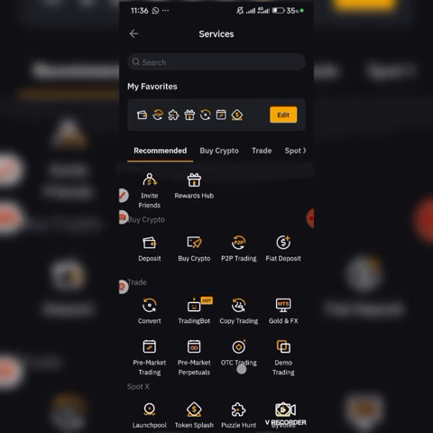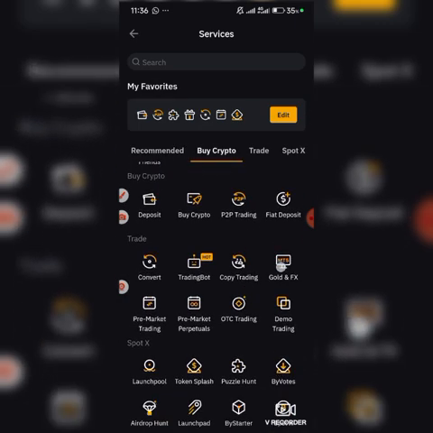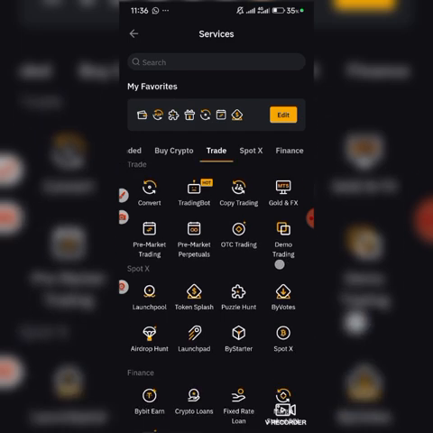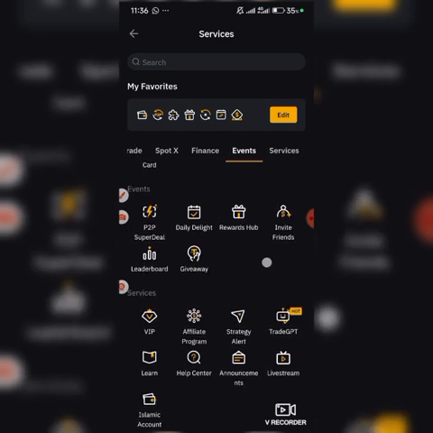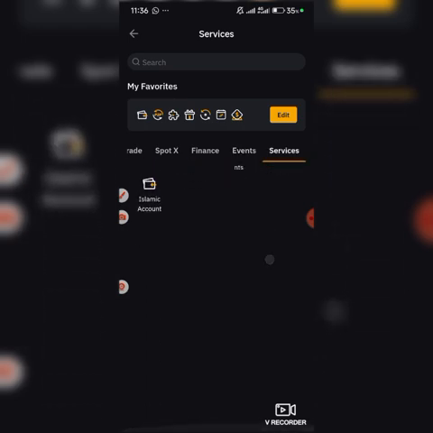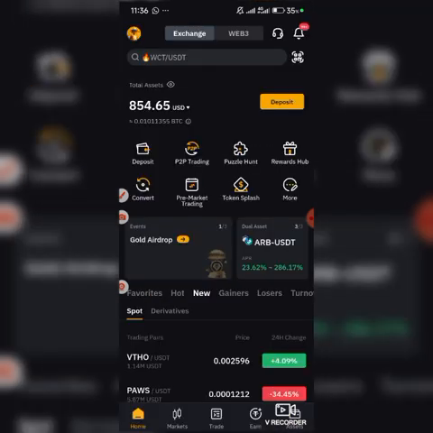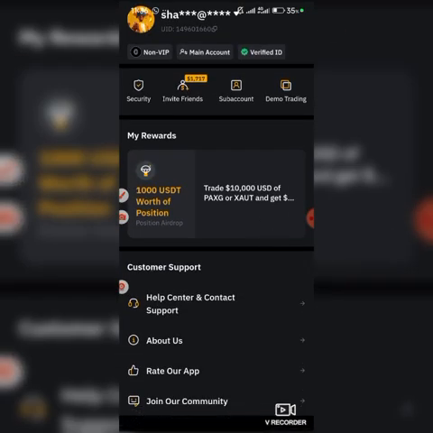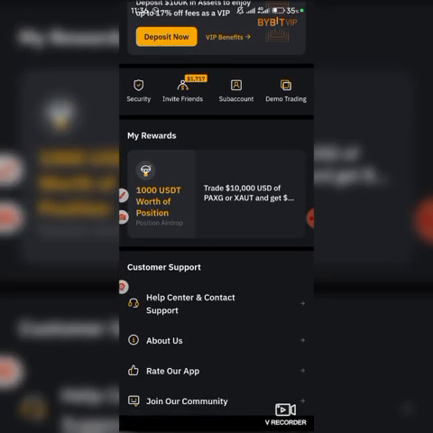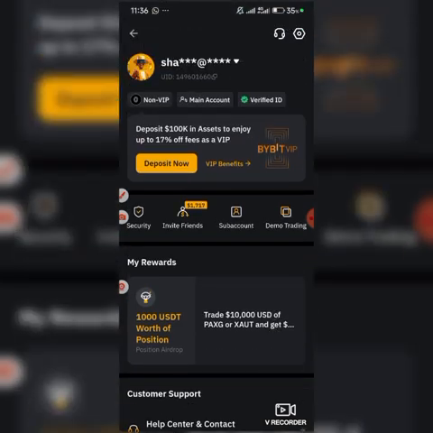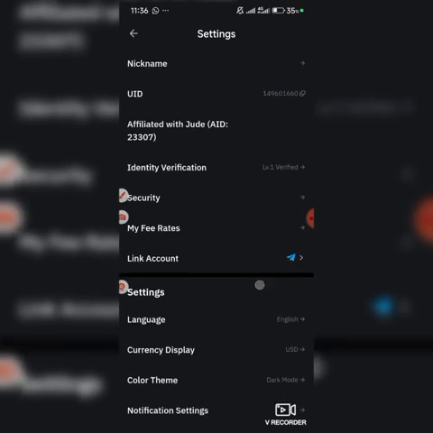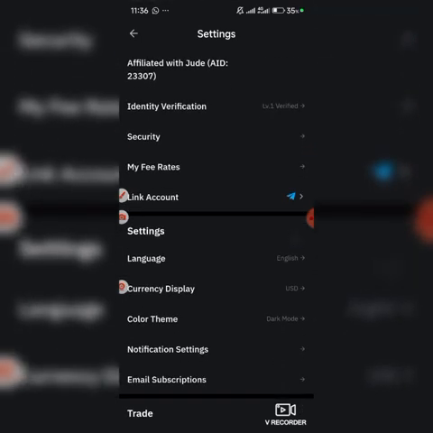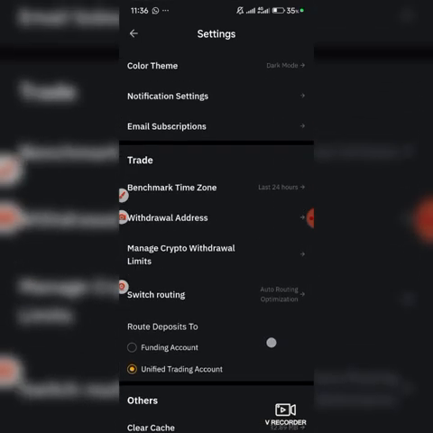So now I think it should be here, API. Okay, should be under settings if I get it right. It's always nice to use it on my desktop here. So I think API should be around here.